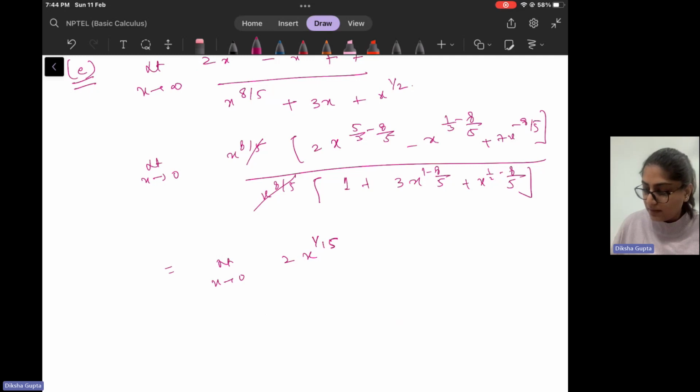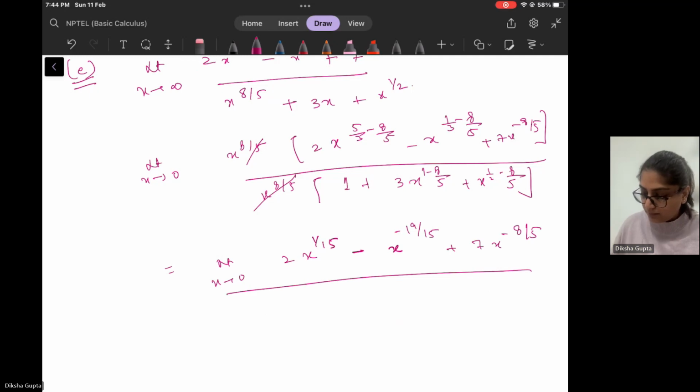So this is 1 by 15, minus x to the 5 minus 24, this is minus 19 by 15, plus 7x to the minus 8 by 5, and 1 plus 3x to the minus 3 by 5 plus x to the 5 minus 16, minus 11 by 10.